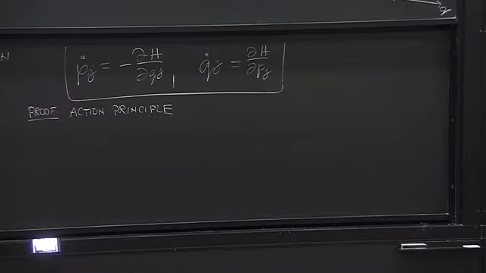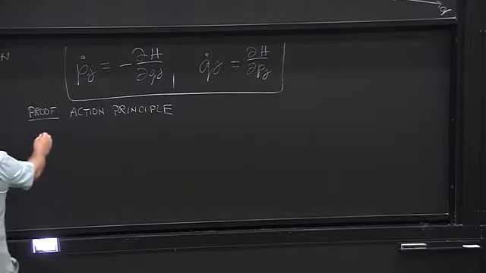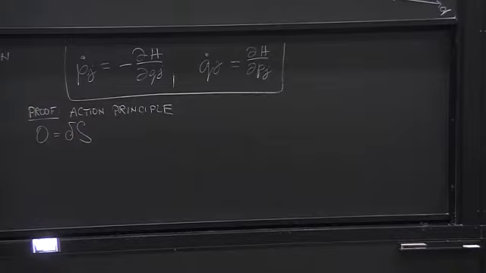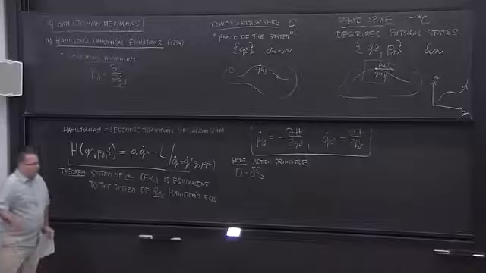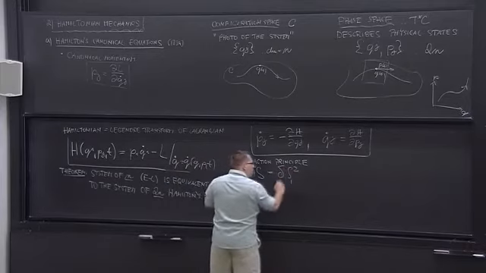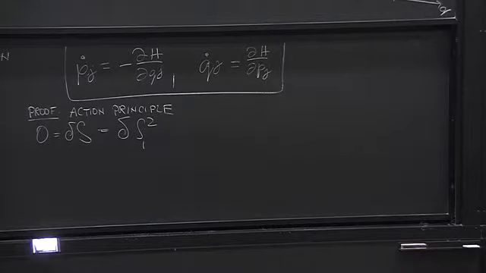We still want the variation of the action to be equal to 0. So we require that this is true. Now we are back to normal delta without tildes, the delta which has fixed endpoints and leaves the time untouched. The action was the integral of L dt.